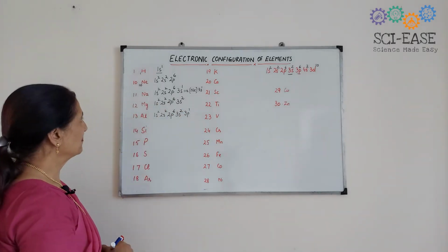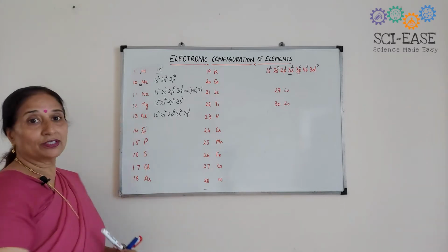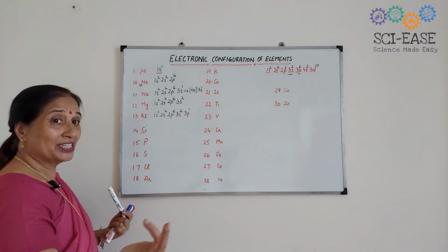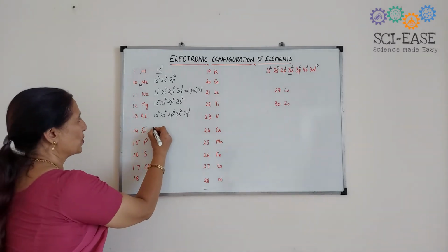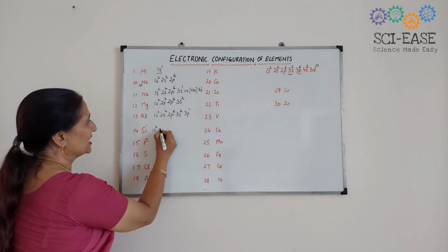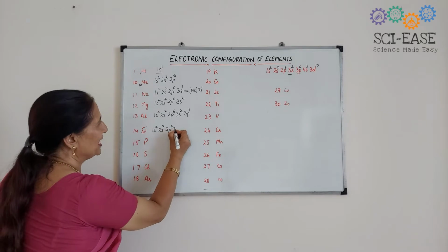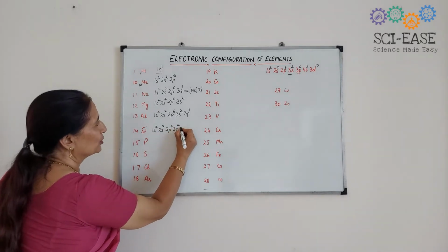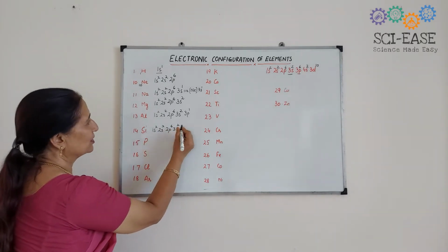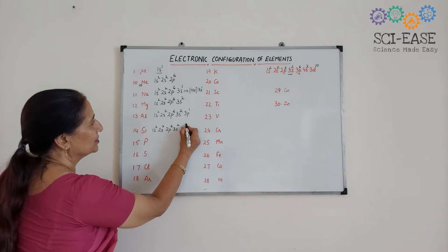This is another way. Now come to silicon 14. This is 1s2, 2s2, 2p6, 3s2. Now 3p, how many electrons? 2.